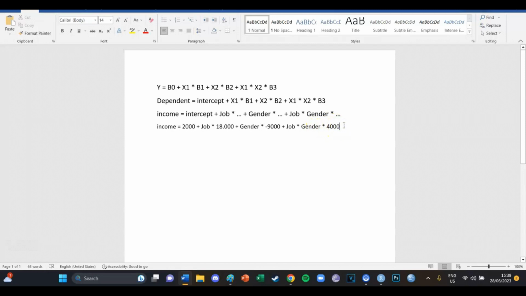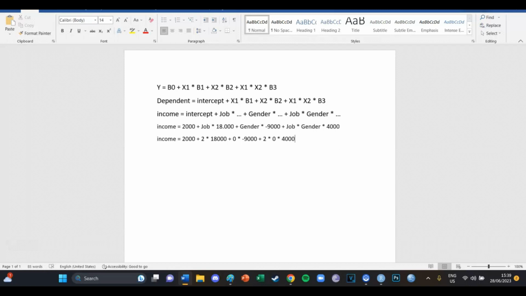So in this case, if we have a woman who is in job tier 2, then your income equals 2,000 as the intercept plus job tier 2 times 18,000 plus, if she's a woman, then the gender is 0 times minus 9,000 plus what we fill in for job is again 2 times the gender again is 0 times 4,000.